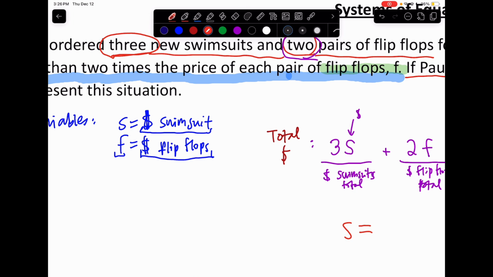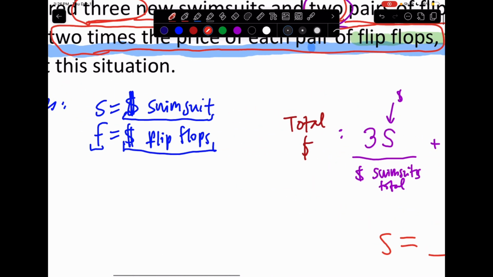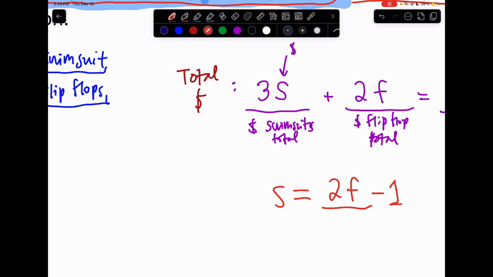To take 1 less than something, I do something minus 1. In this case, I'm doing 2 times the price of the flip-flops minus 1. How do I describe the price of the flip-flops? I use the variable F. So that's going to be 2F minus 1.